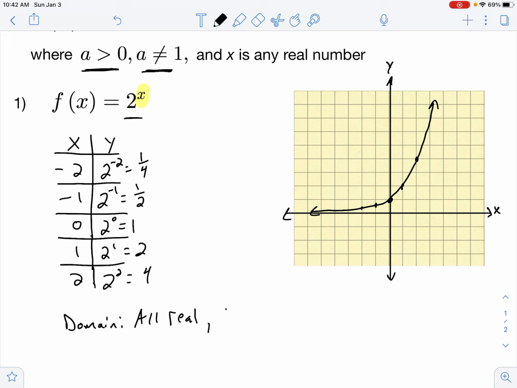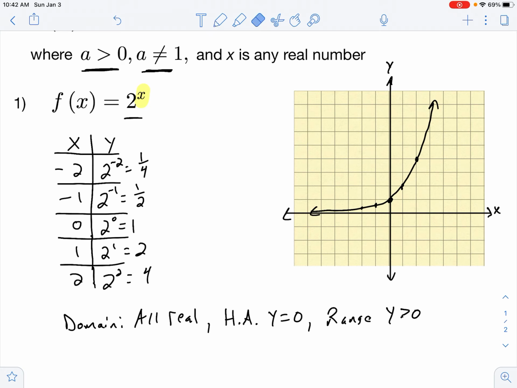Then we talked about the fact that you can't get this to equal 0. So that means I have a horizontal asymptote at y equals 0, which makes my range, if you think about this, if this is never going to touch 0 but it goes up forever, that means my range is y is greater than 0.